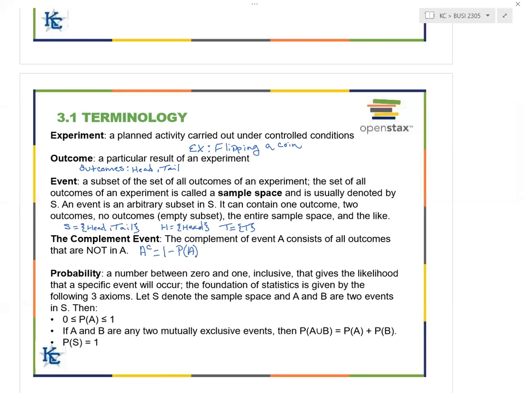So the complement of heads is tails in this case. And if you wanted to find probability mathematically, you could do 1 minus the probability of tails, and that will give you the probability of heads.